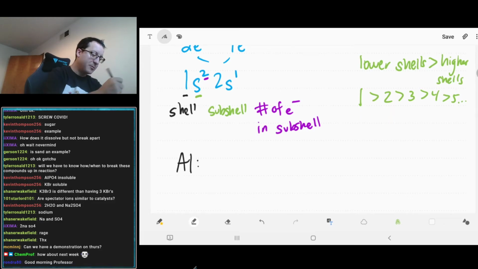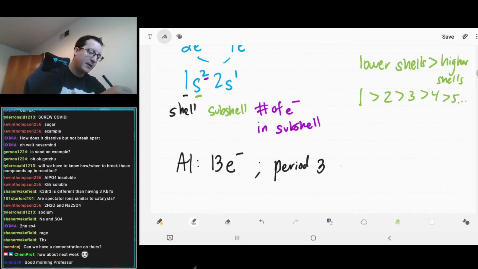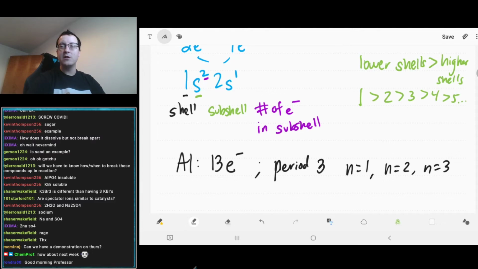So let's look at aluminum next. Aluminum has 13 electrons, if I remember correctly. So we're going a little bit crazier here. Where is aluminum? Period 3, right? Period 3 of the periodic table, which means it has access to n equals 1, n equals 2, and n equals 3 shells.